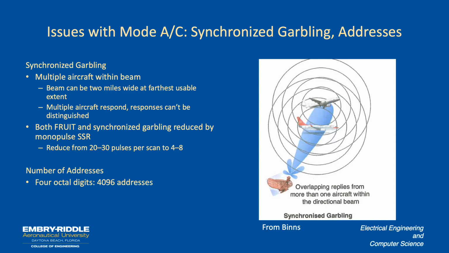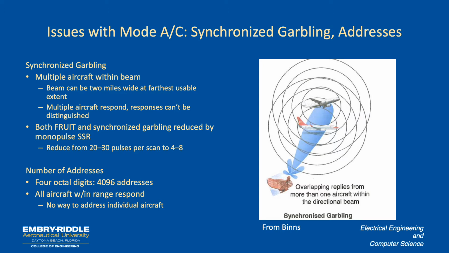Another issue is the number of addresses. I mean, we've only got 4 octal digits here, and that's just 4,096 addresses. And so we'd like to be able to address additional aircraft. Because all the aircraft within range from a ground station respond every sweep, and maybe multiple times within the sweep, again, depending on how many pings there are, there's no way to address individual aircraft.